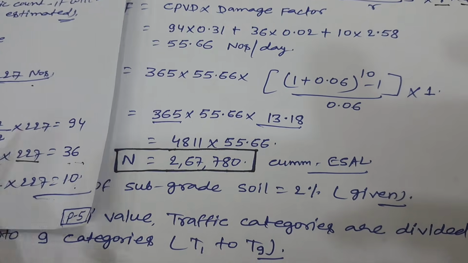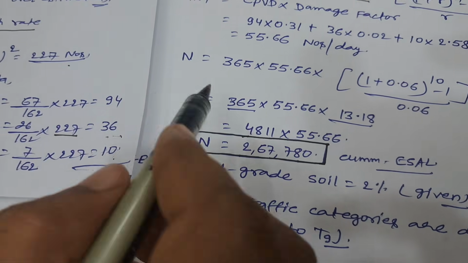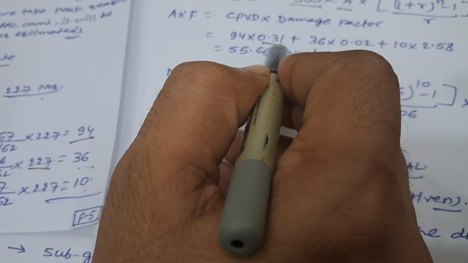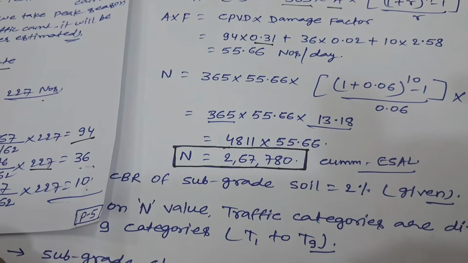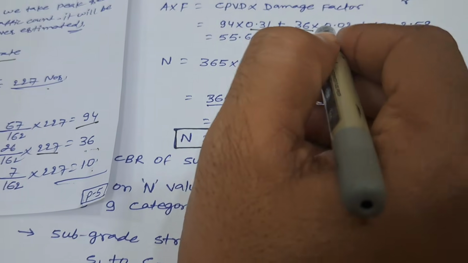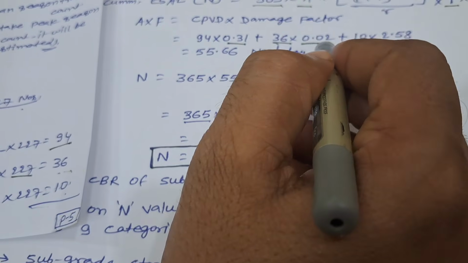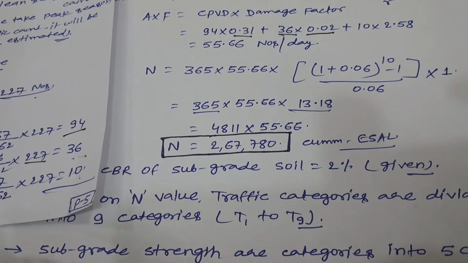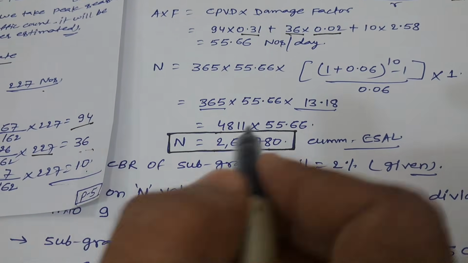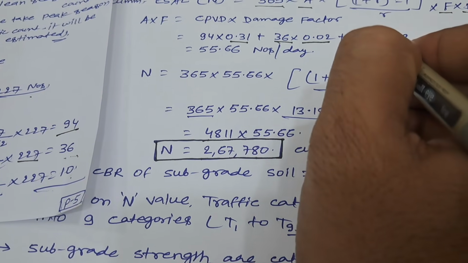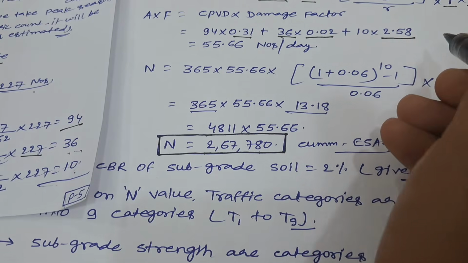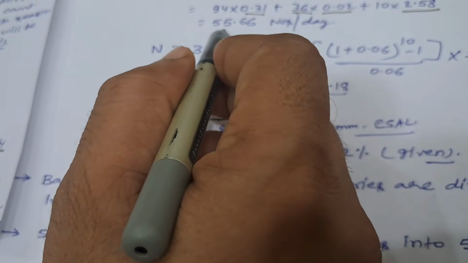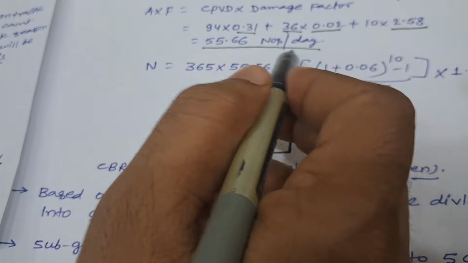MCV loaded condition is 94, their VDF is 0.31, and MCV unloaded condition 36 numbers, and we know their VDF will be 0.02 per vehicle, and MCV with loaded condition 10 numbers came, and their VDF is 2.58 per vehicle. If we calculate this value, it will come 55.66 numbers per day.